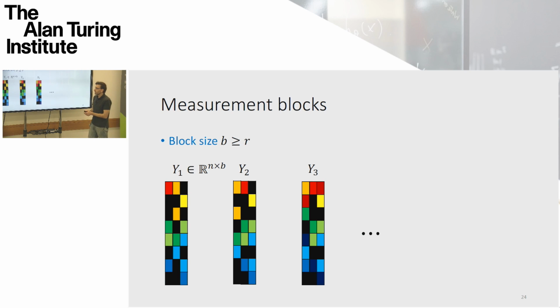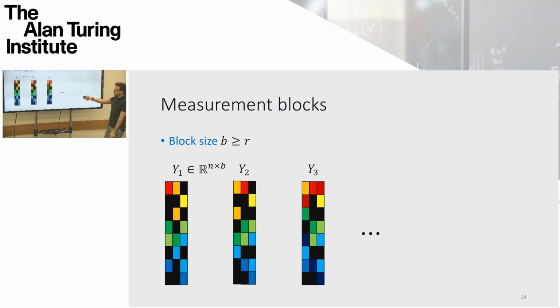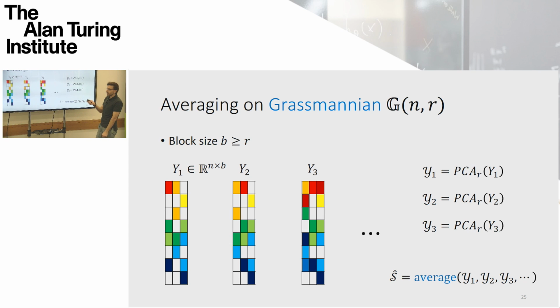OK, so here's what we're going to do. We're going to take a block size B, which is larger than the dimension of that subspace, and partition the data into consecutive blocks of size B. So we have all these very thin blocks stacked. Now I'm going to set to 0 everything that I haven't observed, so all the missing entries.